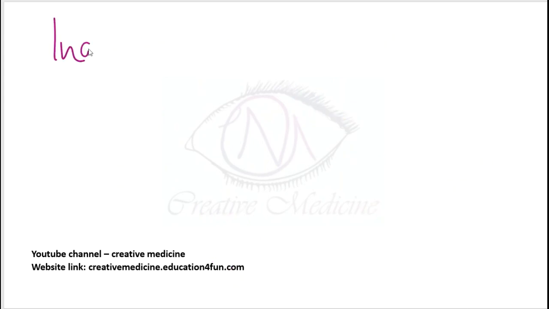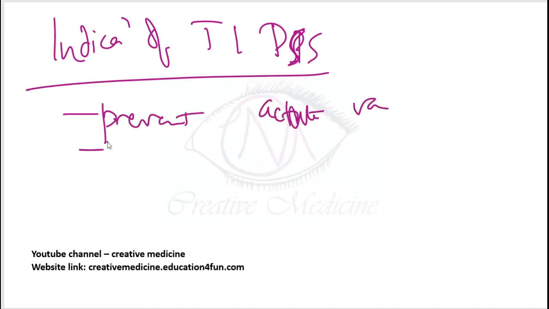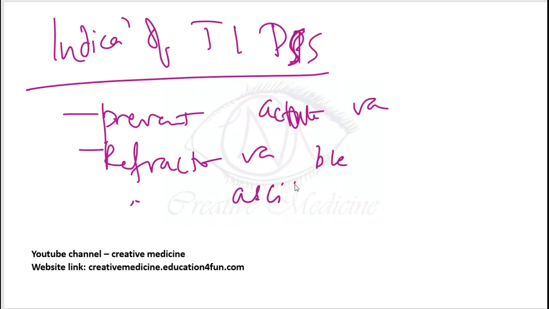Then if you see the indications of transjugular intrahepatic portosystemic shunt, this can be used mainly to prevent acute variceal bleeding. It can be used in refractory variceal bleeding, refractory ascites, or refractory hepatic hydrothorax.